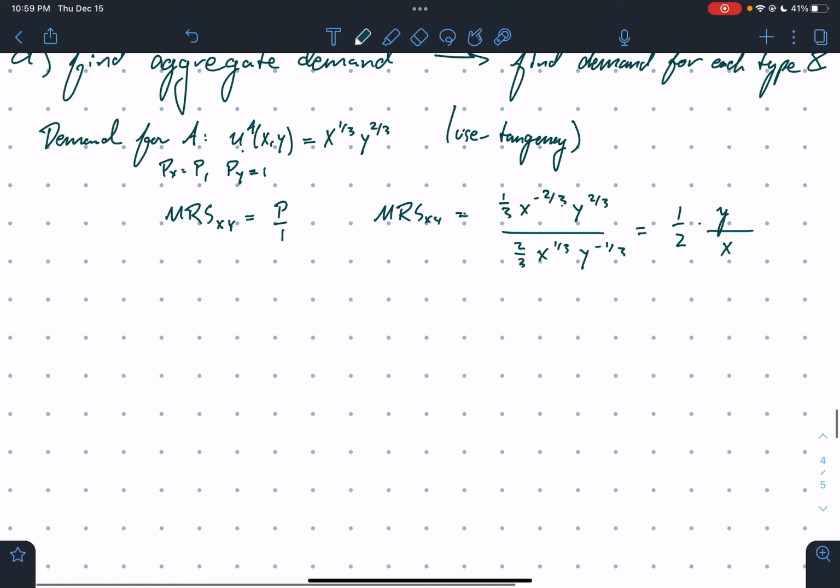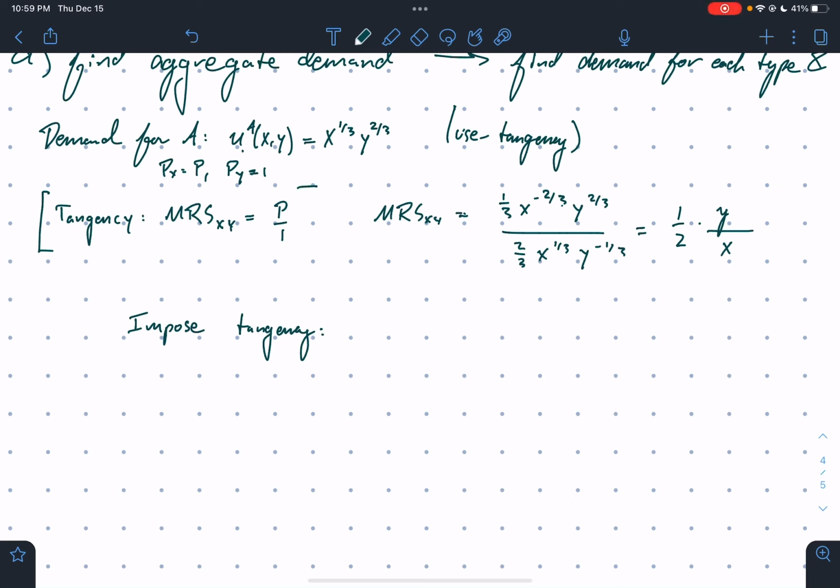Now, I'm going to impose tangency. I'm going to write up here that this is tangency. So I'm going to set 1/2 y over x equal to p.